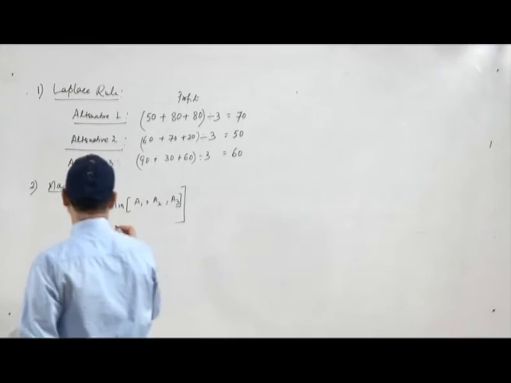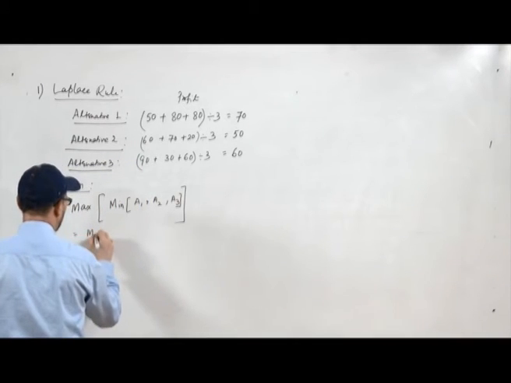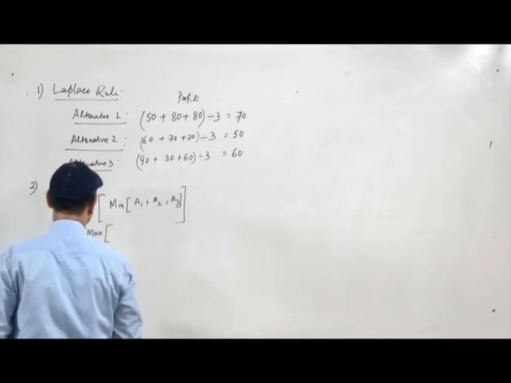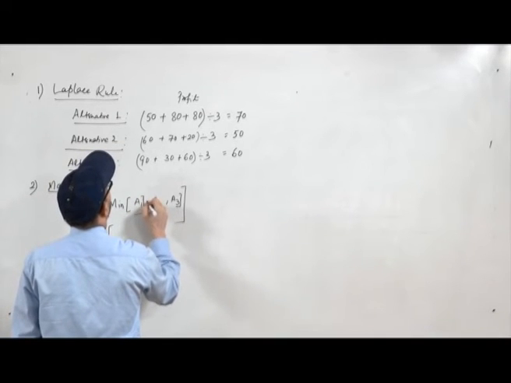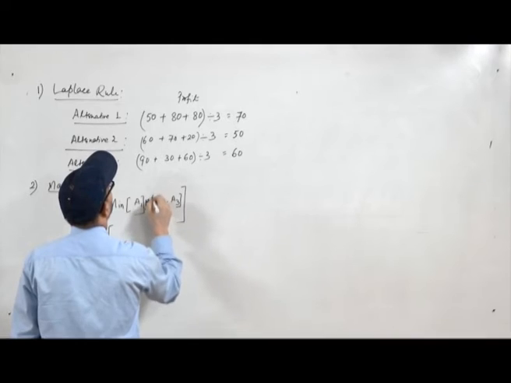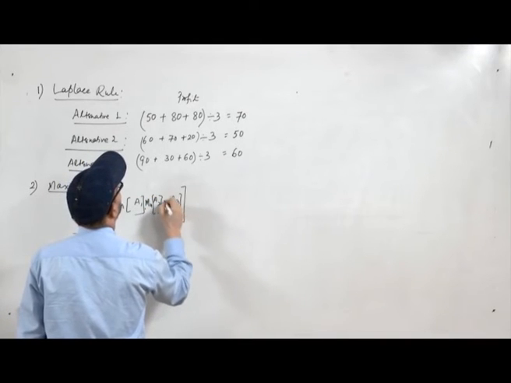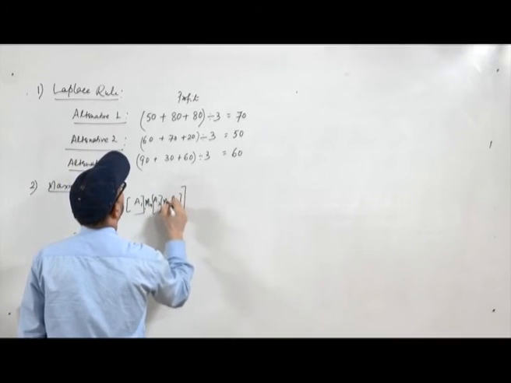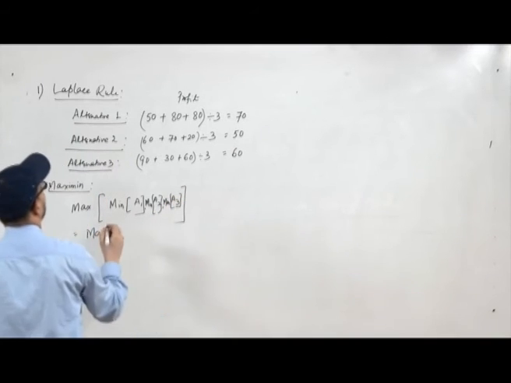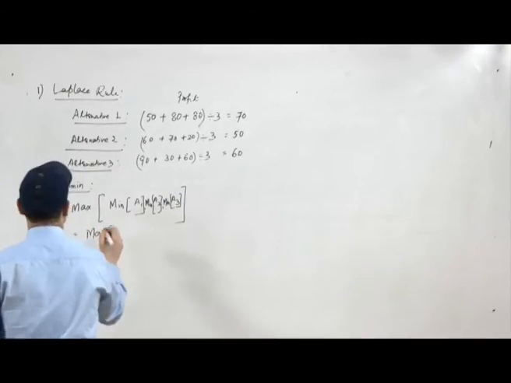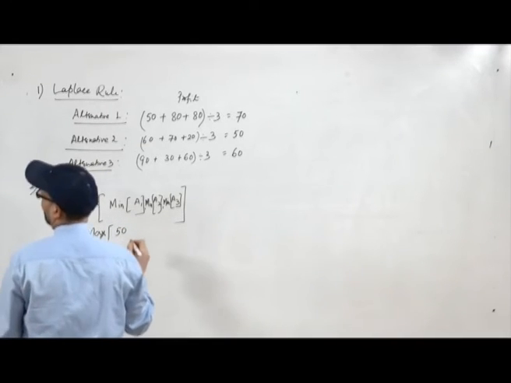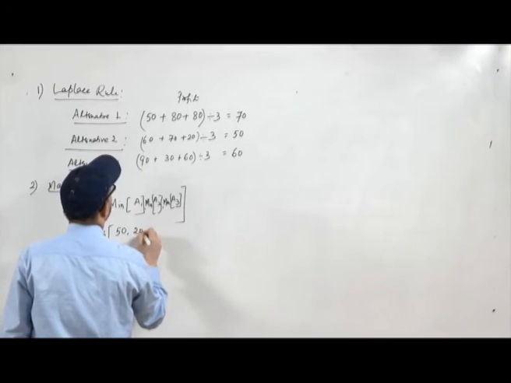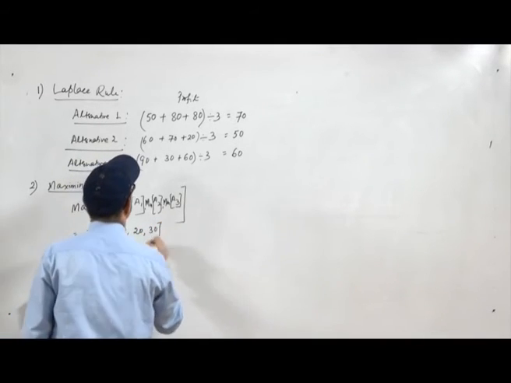So, it will be nothing but the maximum of the minimum of A1, the minimum of A2, and the minimum of A3. Basically, the minimum of A1 is, as we had done, 50, then 20, and 30.